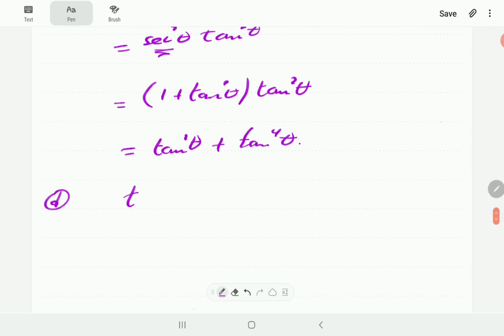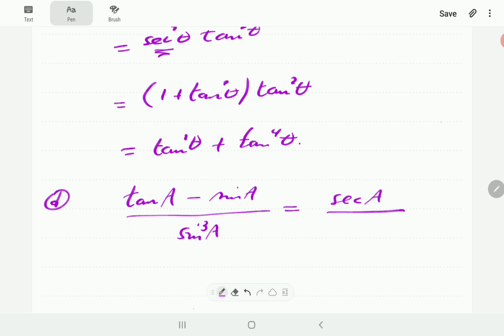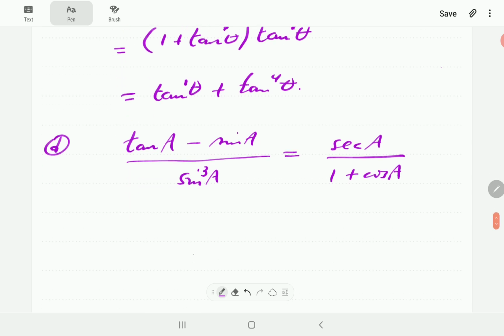In D we have (tan A − sin A) all divided by sin³ A. This is equal to sec A all over 1 plus cos A. We are going to work from the left hand side.